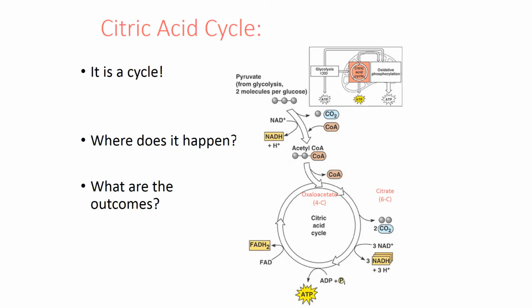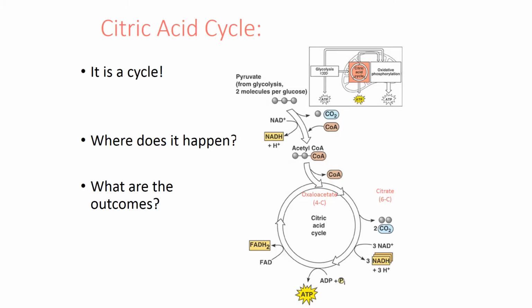Okay, so let's look at the citric acid cycle right here. And again, we see a lot going on. It is a cycle because we start off with oxaloacetate, our 4-carbon molecule at the top of the citric acid cycle, and we are going to end up with oxaloacetate. In that process, we're going to get rid of 2 molecules of CO2, so we're going to blow off the rest of the carbon that came in originally via pyruvate.